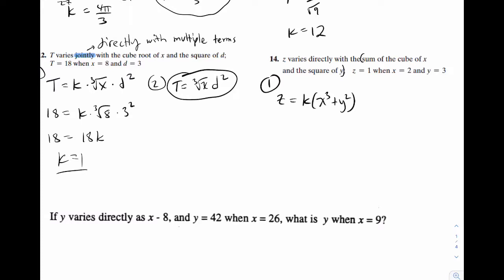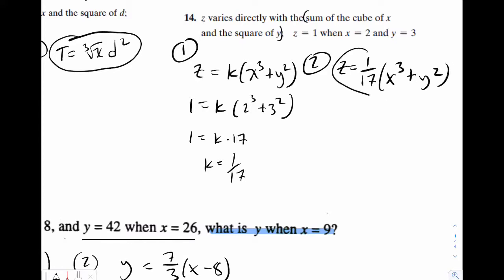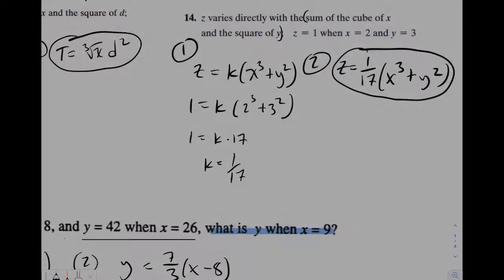Now plug in our information. 1 is equal to k times 2 cubed plus 3 squared. So 1 is equal to k times 8 plus 9, 17. So k is 1 over 17. So the final step, we're going to put everything together. Z is equal to the constant 1 over 17 multiplied by x cubed plus y squared. Circle that, and there is your formula.